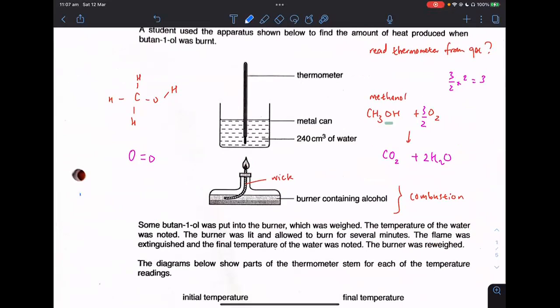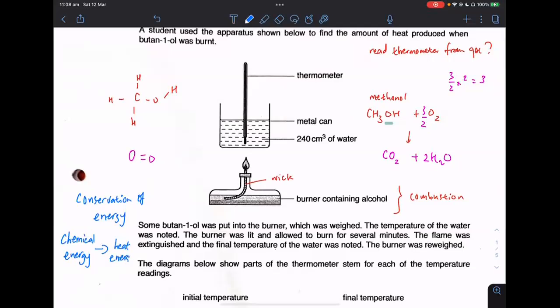Let's talk about the physics, conservation of energy. Energy is being conserved. So that means you burned the ethanol. That is chemical change. So that is the chemical energy from burning the ethanol, the alcohol. And this is converted into heat energy. Why? Because we are heating up the water.